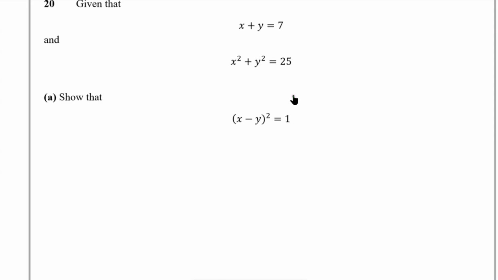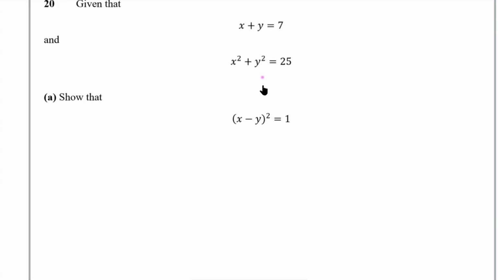The way to do this is to look at what it's asking for and start with that. This is the left hand side, this is the right hand side. So start with the left hand side and check if you can manage it. At every step, you will figure out what you should do next.